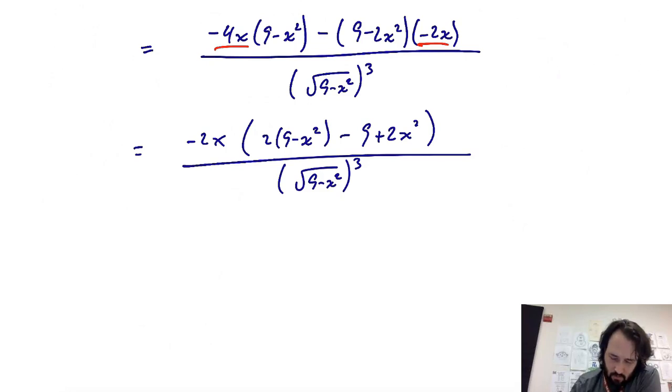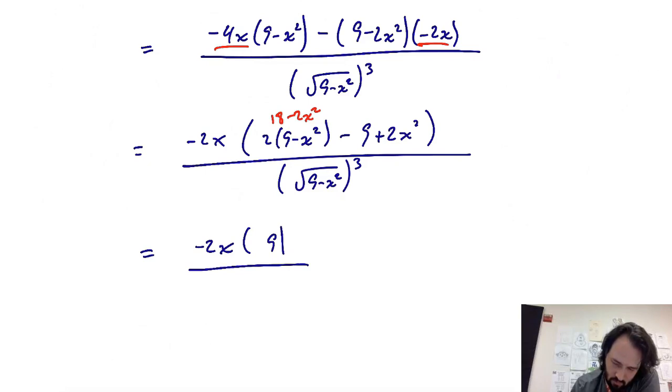All right, so I have negative 2x times 18, so negative 2x squared. Well, that's convenient, right? It's just 18 minus 9. Right, that's what I'm seeing in my head. Those negative 2x squareds are going to make 0. So this is just 9 over the same junk.